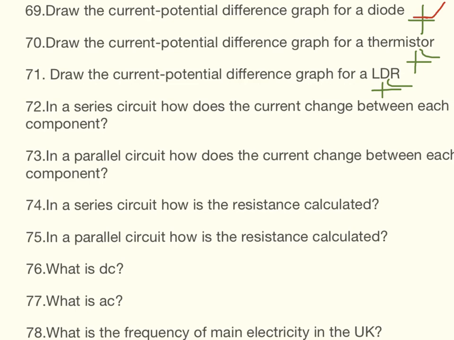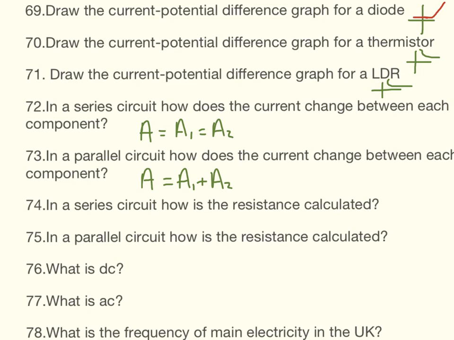In a series circuit, how does the current change between each component? So these are the same, which can just be written that the current is going to be the same through each of the components. Slightly different in a parallel one, where it's split across them.